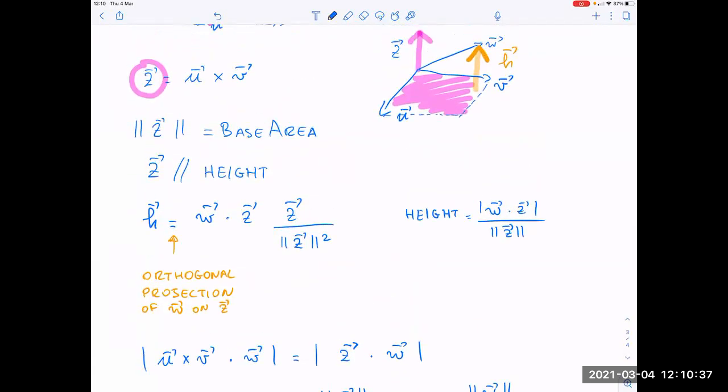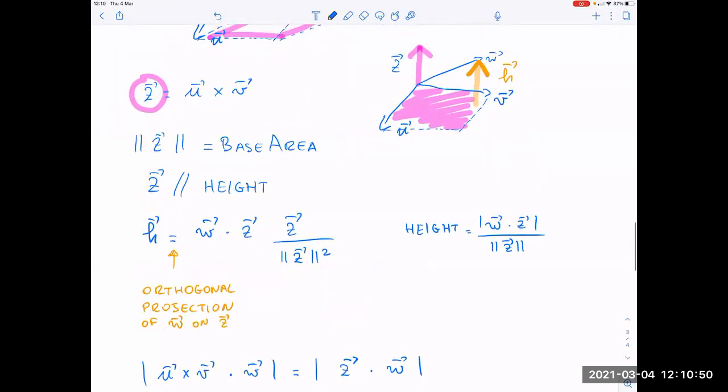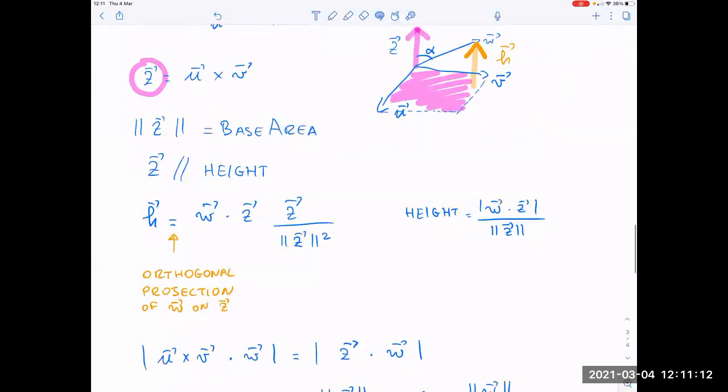It is the angle in between z and w. So it is here. Okay. So let's take the picture with us downstairs for a second.